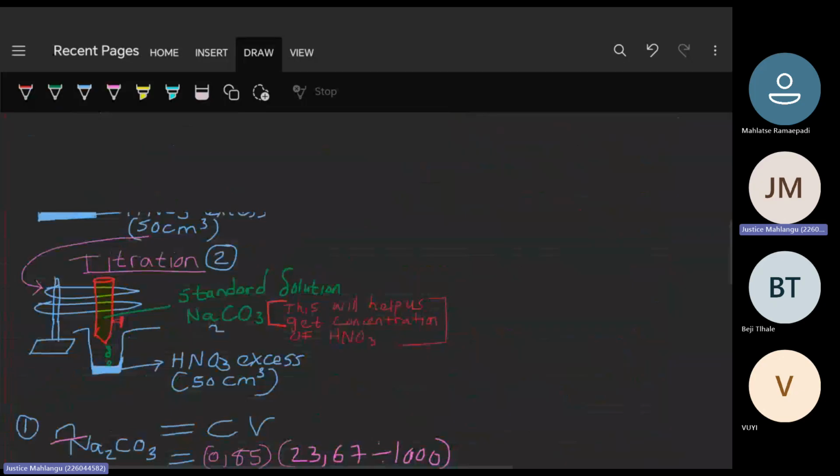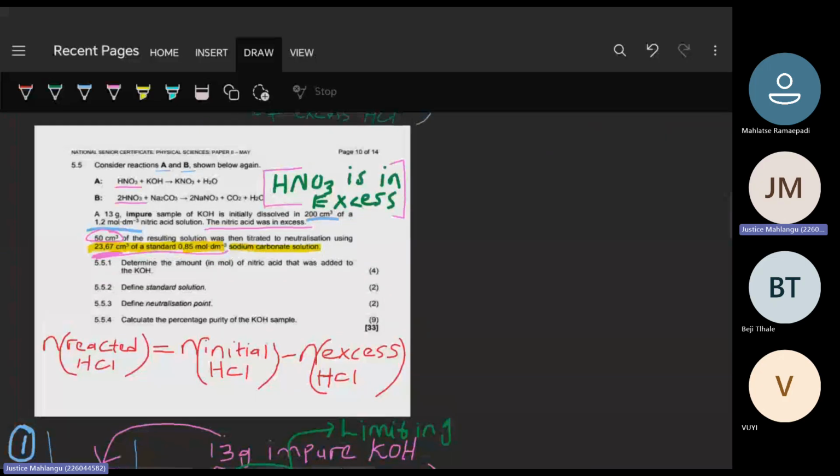We're given 13 grams of impure sample of potassium hydroxide initially dissolved in 200 cubic centimeters, that's the volume, of 1.2 mole per cubic decimeter. That's the concentration.